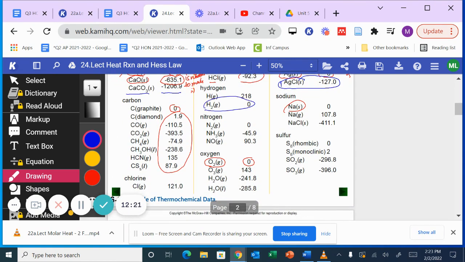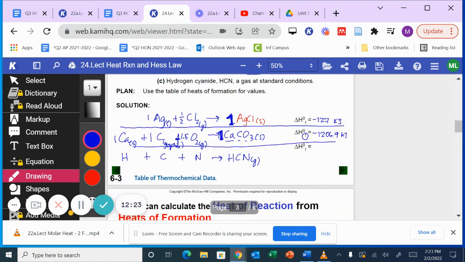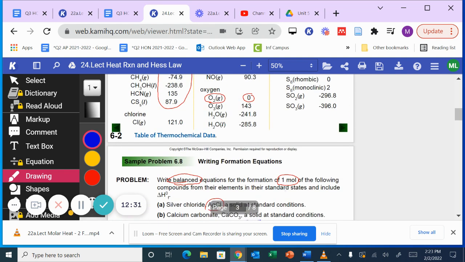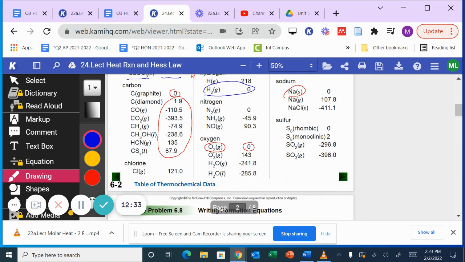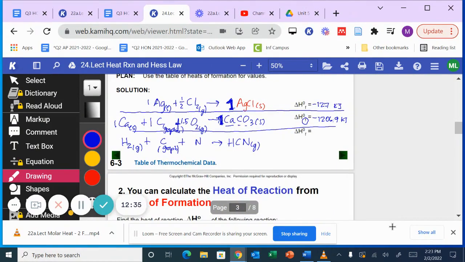H2 gas, 0. Carbon is a graphite. I'm just going to do graph for short. And nitrogen is N2, 0. N2 gas.